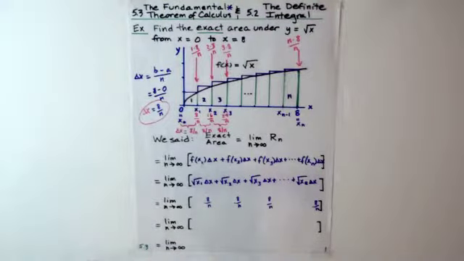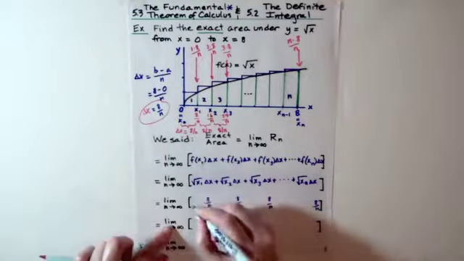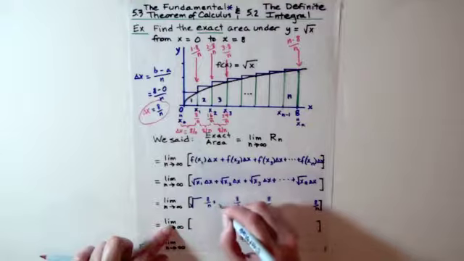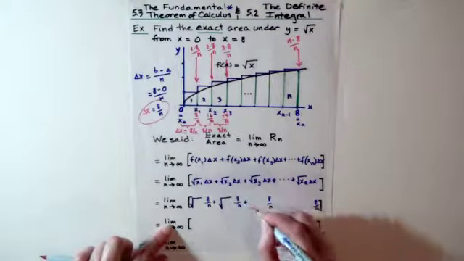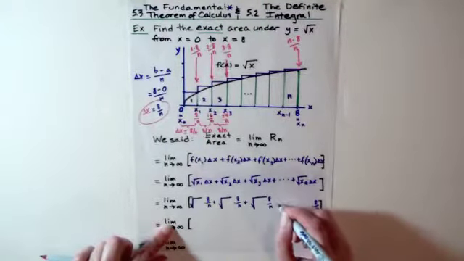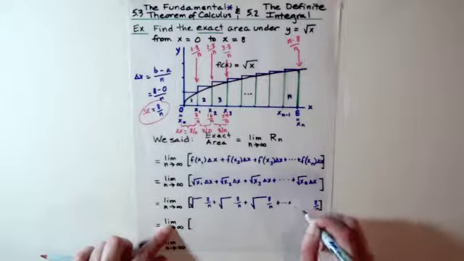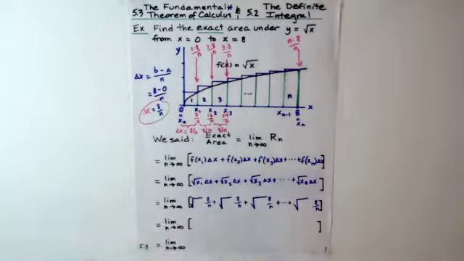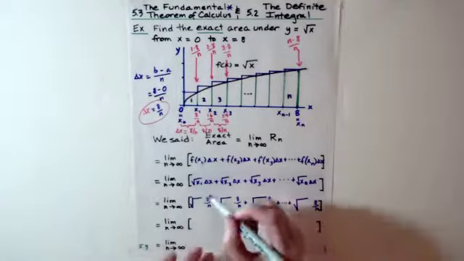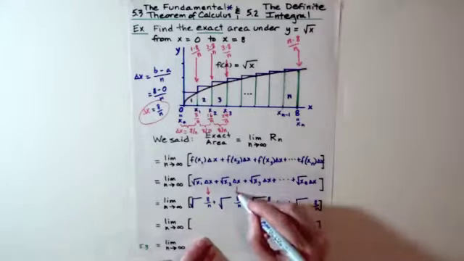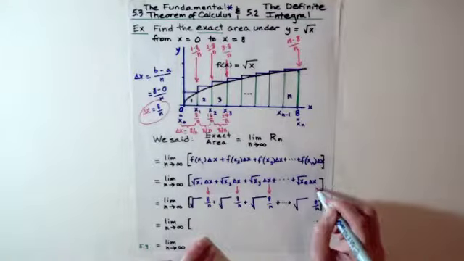Okay, let's go ahead and try to put that in. Notice what I have here then is a bunch of square roots. I'm going to try to write in what those are the square root of, but purely in terms of n. Let's see if I can squish it all in here. So I already wrote my delta x's here. That delta x factor was 8 over n in each of these terms.